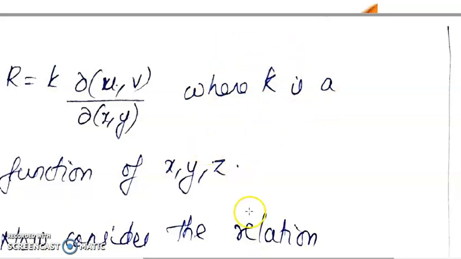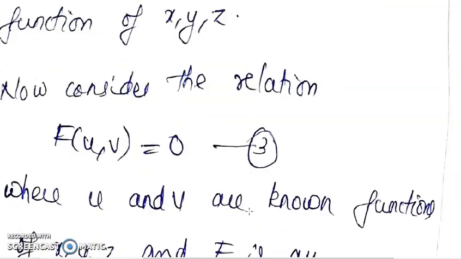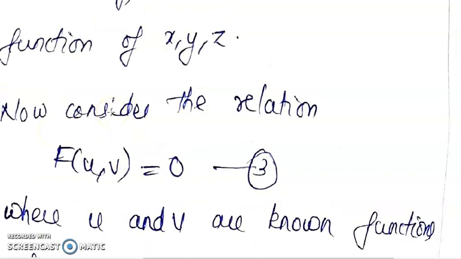And now we'll start with f of uv. So what we first need to show is that the solution of our PDE and the solution of this simultaneous differential equation are the same. So what we are actually doing now is showing that the equation formed by u equal to c1, v equal to c2 and the equation formed by f of uv equal to 0 are the same.